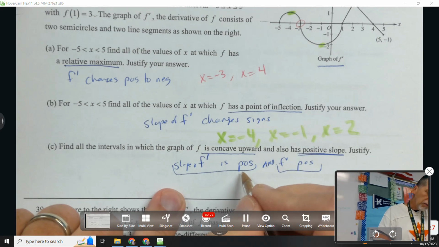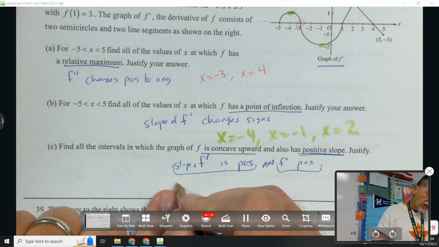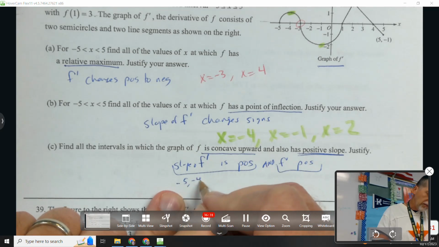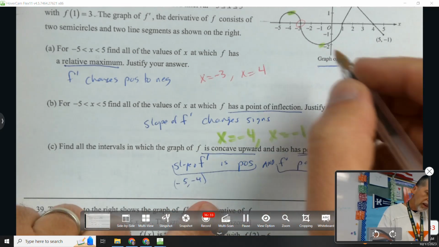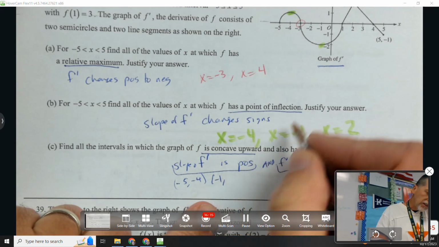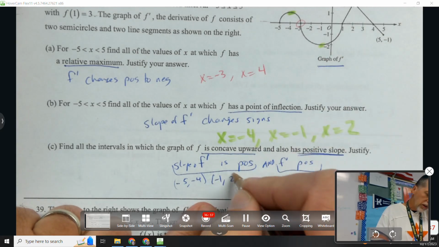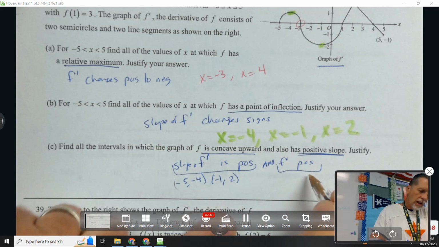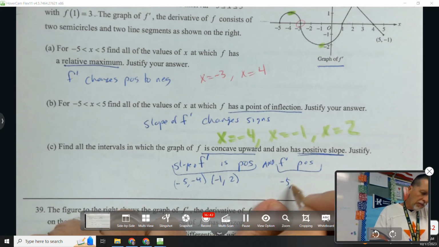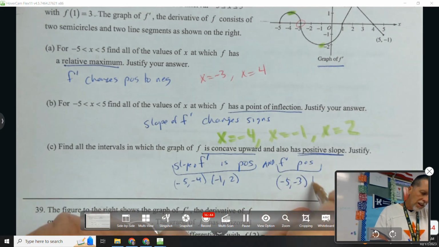Slope of f prime is positive from -5 to -4, from -1 to 2. F prime is positive from -5 to -3, and 1 to 4.